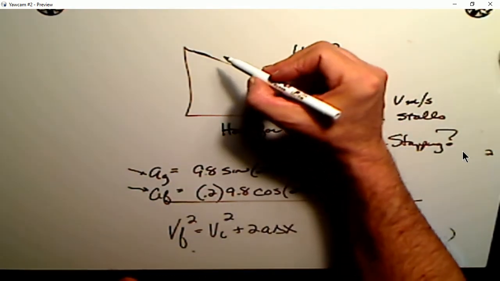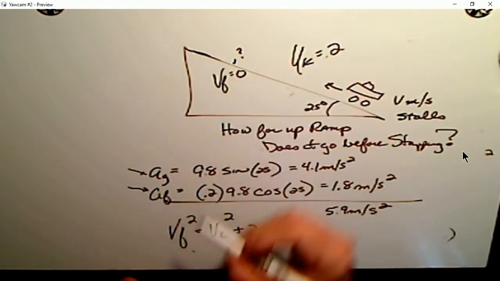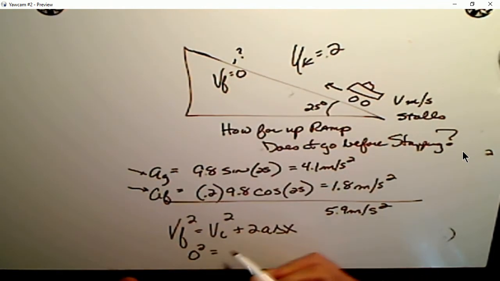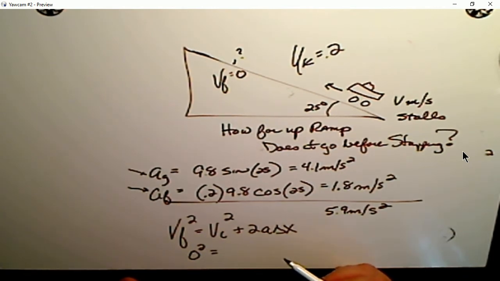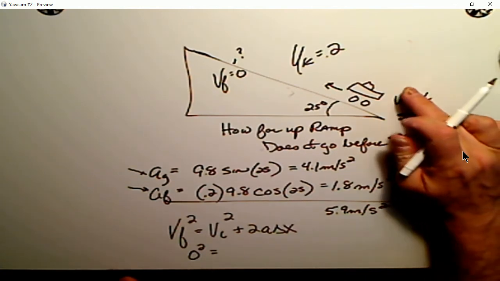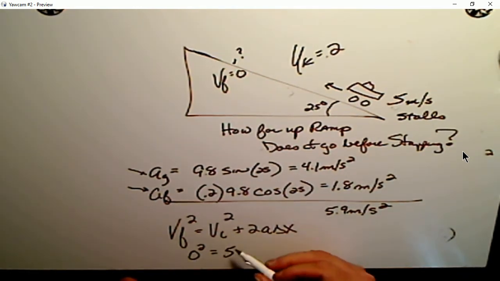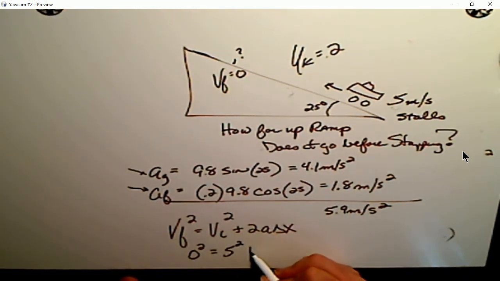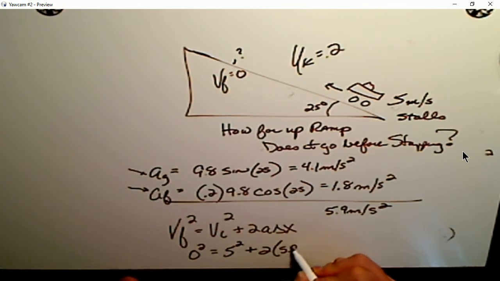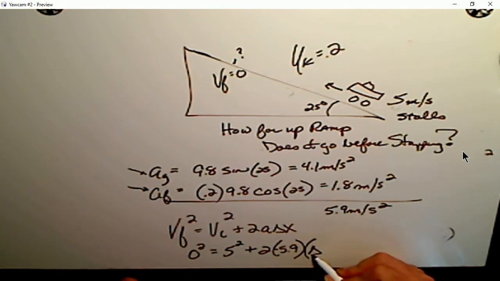The velocity final, when it reaches that final point, of course, is going to be equal to 0. 0 squared equals velocity initial squared, I said that, but let me write it in there, 5 meters per second, plus 2 times 5.9, the deceleration, negative, times the distance.